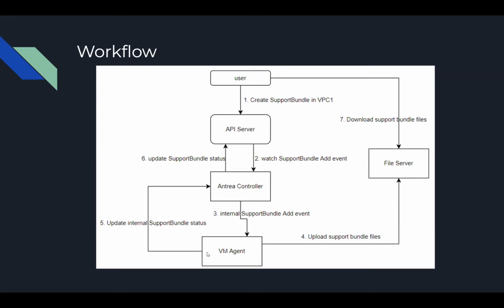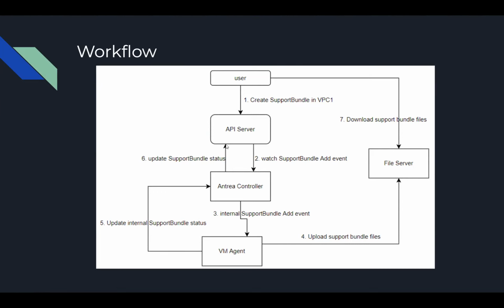At the same time, the Antrea agents update the internal support bundle status to the Antrea controller, and the Antrea controller aggregates the status and updates the support bundle CRD status to the API server.